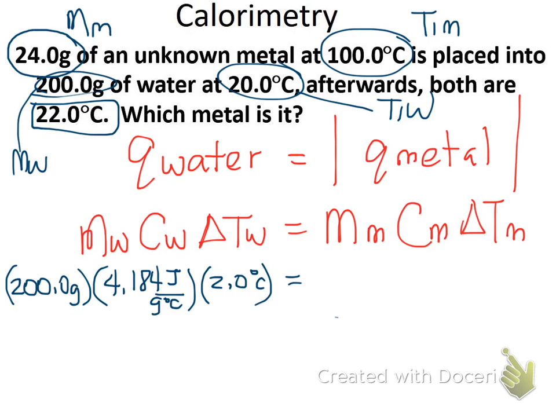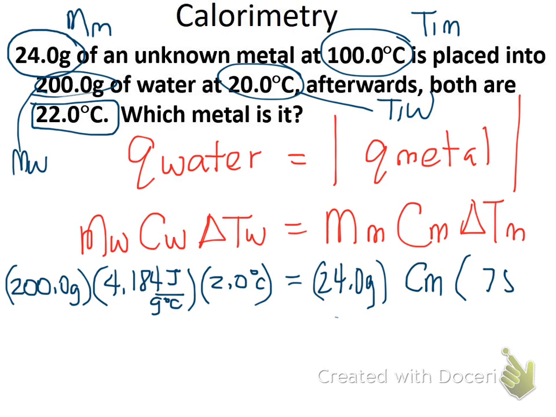Now, on the other side, do we have a mass of metal? Yeah. What do you think, Brendan? Mass of metal? 24.0 grams. What about the specific heat of the metal? Unknown. We don't even know what metal it is, so we can't even look this up on a table. But do we have the delta T for the metal? Yes. So technically it's negative 78.